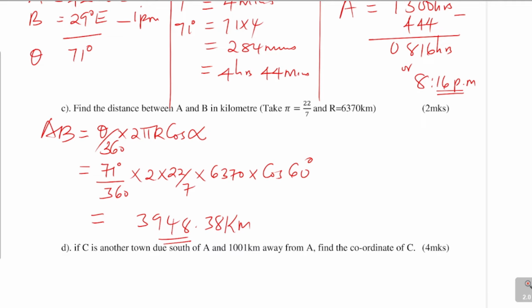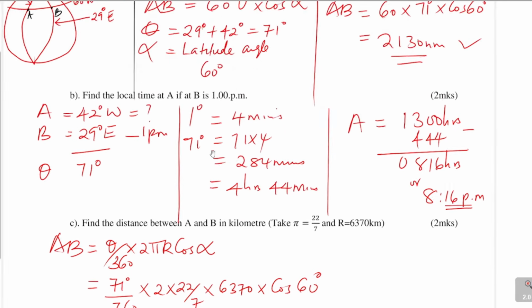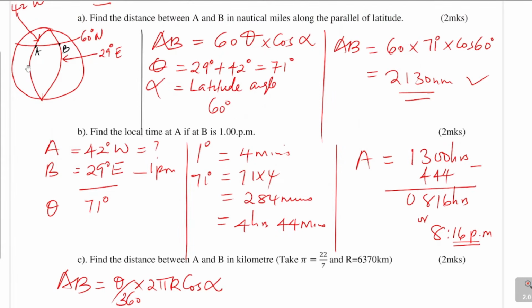Part D, if C is another town due south of A and 1001 kilometers away from A, find the coordinates of C. C is another town due south, meaning directly south of A. So if I go to the sketch here, C will be somewhere here, due south, somewhere directly below. So due south means that distance will be along the same longitude.